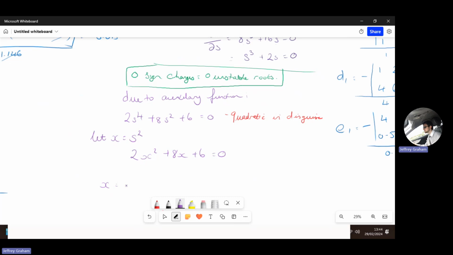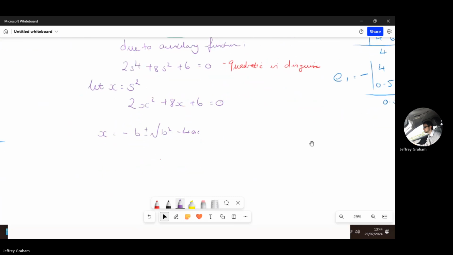So with the quadratic formula, if you can't quite remember, it says minus b plus or minus the square root of b squared take away 4ac, all over 2a. Right, we've got minus b, so that's minus 8, plus or minus the square root of 64 minus 4ac, so that's 4 times 6 times 2.